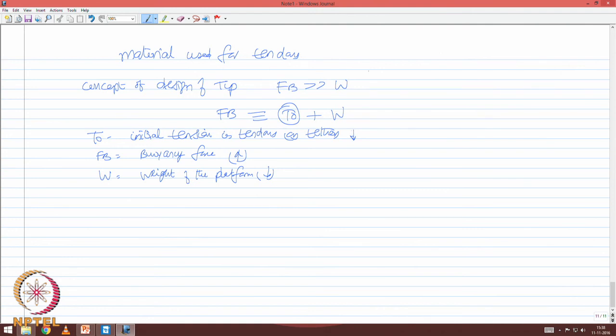So, what does it mean? This means that part of the total weight of the platform is supported by T0.